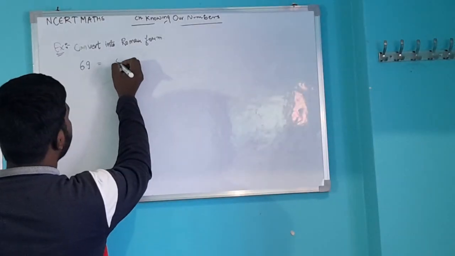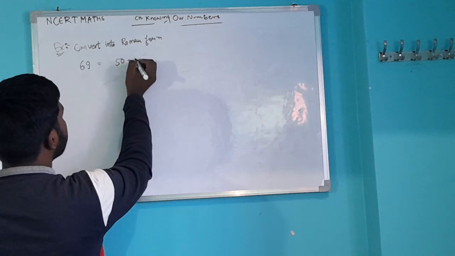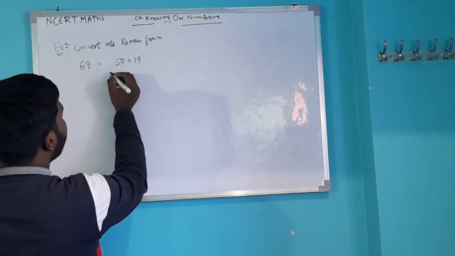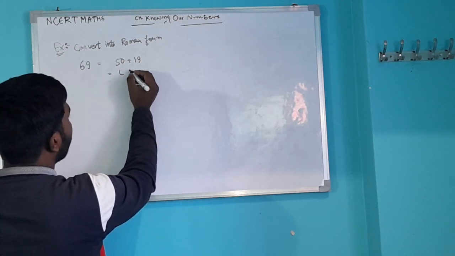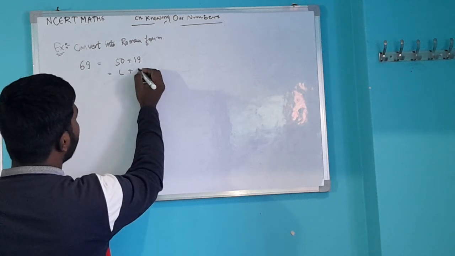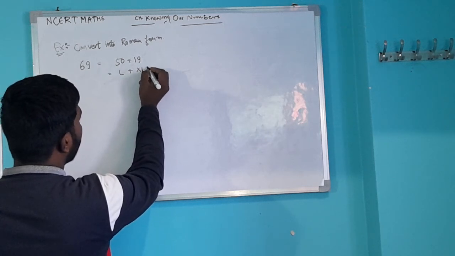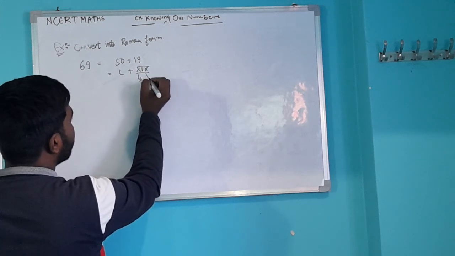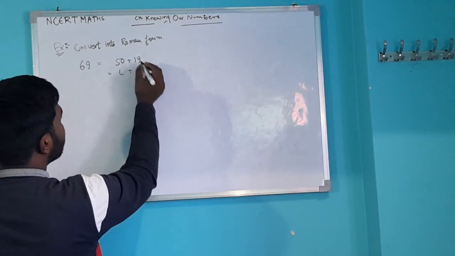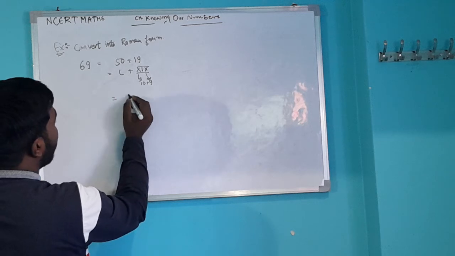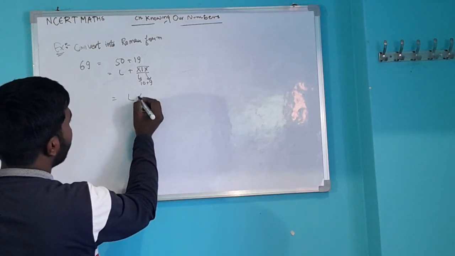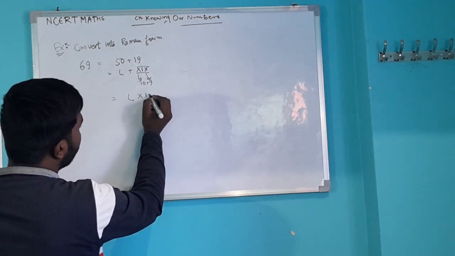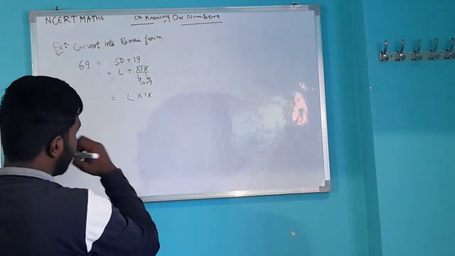We simply break it as 50 plus 19. For 50 we have the symbol L, and for 19 we write X for 10 and IX for 9. Then we write it as 50 plus 10 is 60 and 9 is 69.